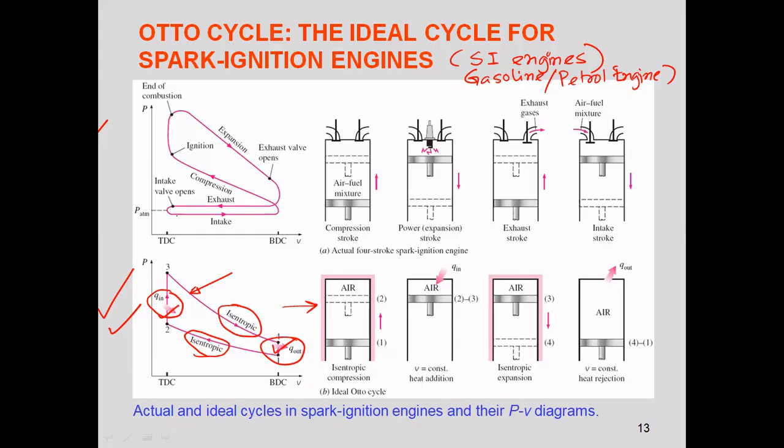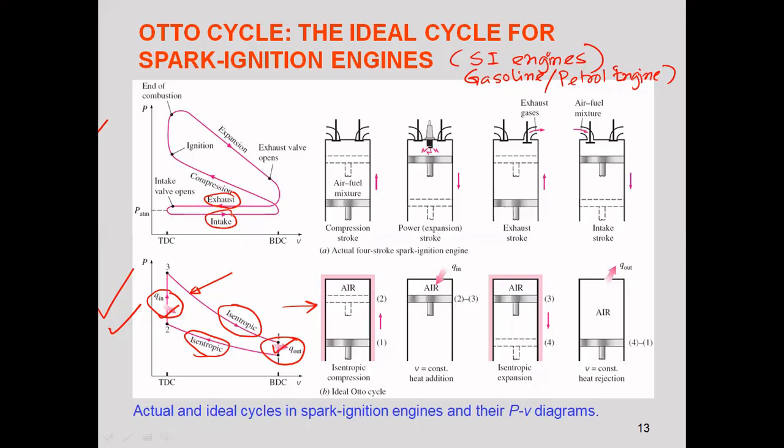In the actual cycle, there are some other things happening, because there are intake and exhaust. These are there, but in the ideal cycle, these are omitted, because in the ideal cycle we know it is a constant mass system, while in the actual one there are intake valves and exhaust valves, and suction or intake and exhaust are taking place.